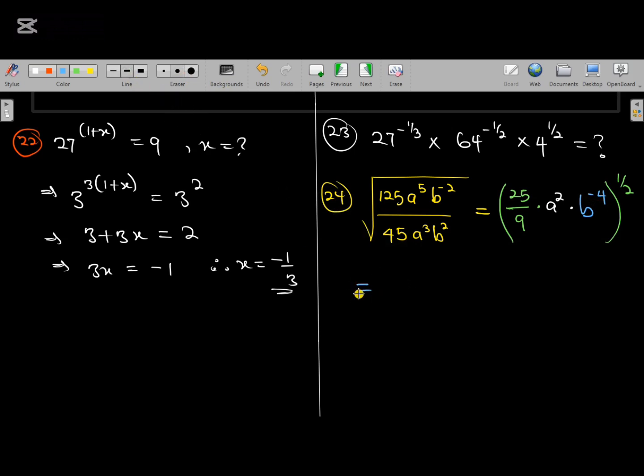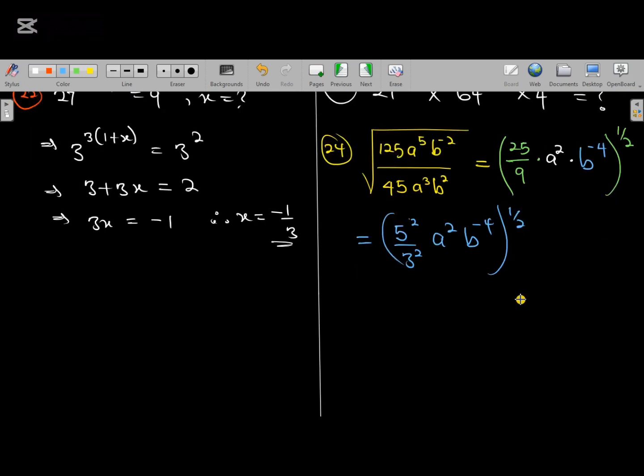So this is going to become, recall that 25 is the same as 5 to the power of 2, and 9 is the same as 3 to the power of 2. Okay, so here I can now write this as 5 squared a squared b to the power of negative 4 over 3 squared, all raised to the power of half. Now remember what I said about the distributivity of power on multiplication.